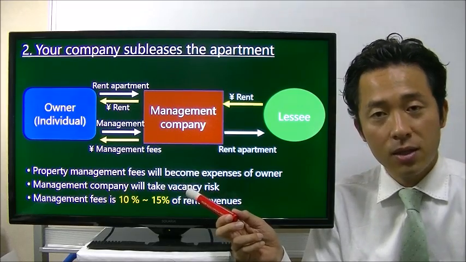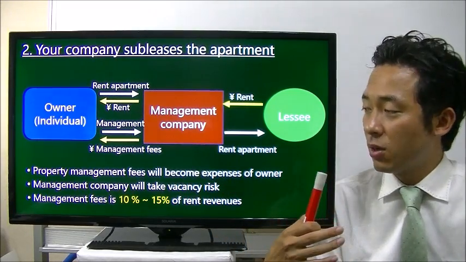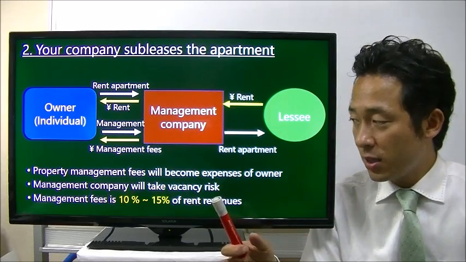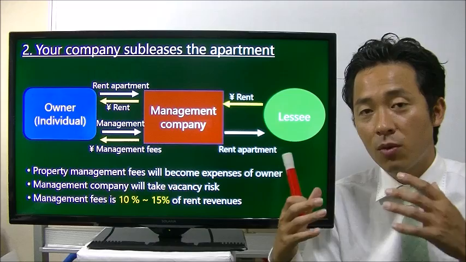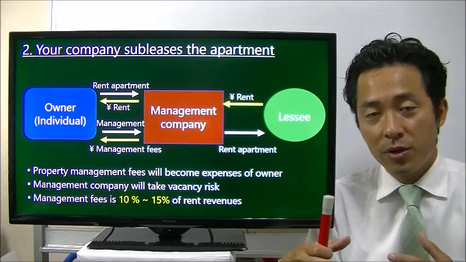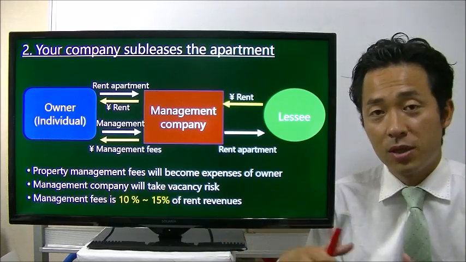So in these cases, your management company takes the risk of the vacancy. So compared to the previous cases, management fee can be higher, so which means you can recognize more expenses. Appropriate amount is probably 10% to the 50% of the rent income.